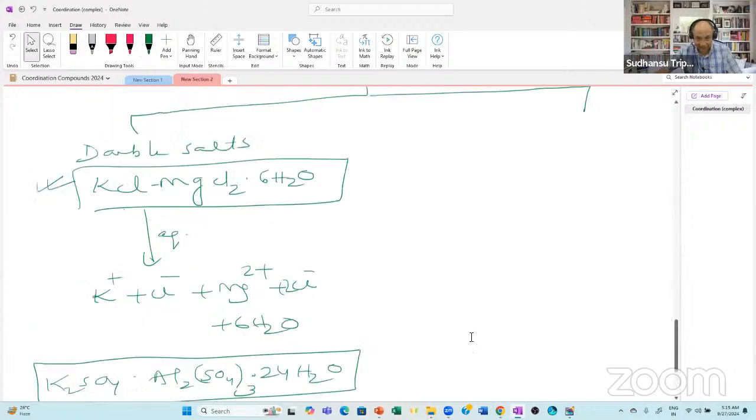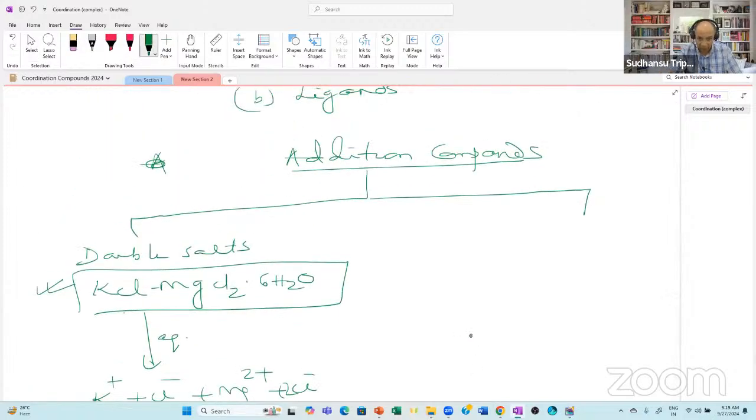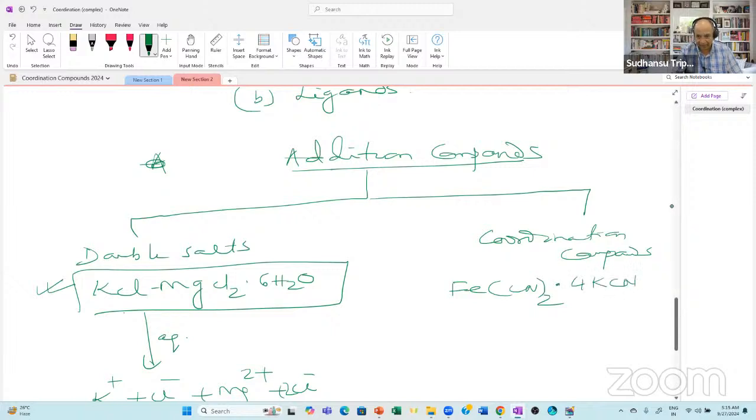But this kind of addition compound, what we call now coordination compounds, they are unique. They do not produce, once they are prepared, they do not produce the same ions. For example, you take ferrous cyanide and add excess of potassium cyanide.